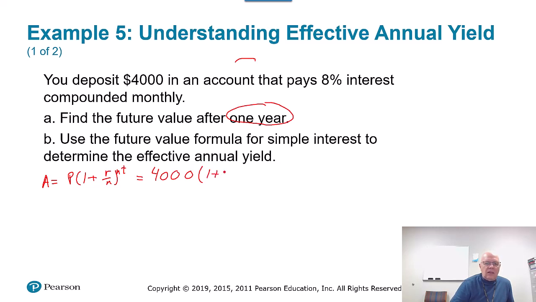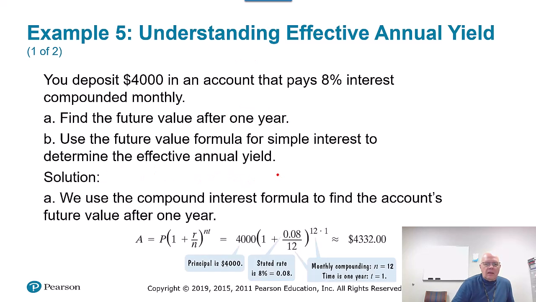There's our 1. We've got 8% interest. Compounding monthly, so a 12 goes there, and a 12 goes there, and that's times 1 for 1 year. So this amounts to $4,332 even.